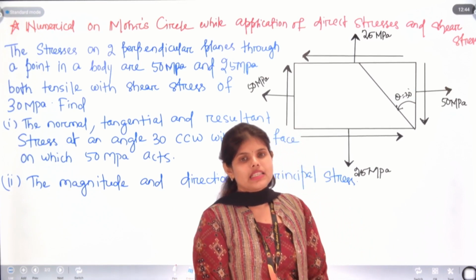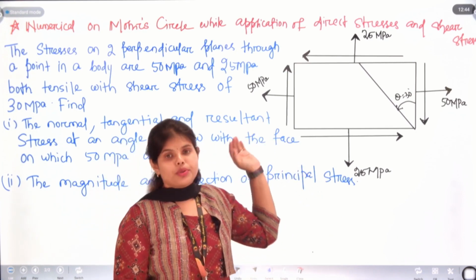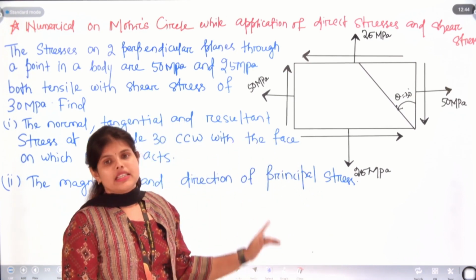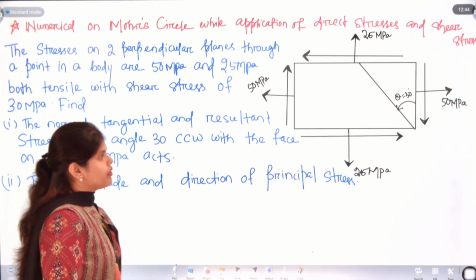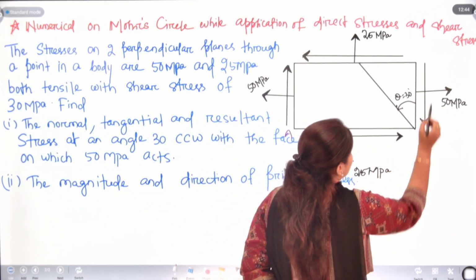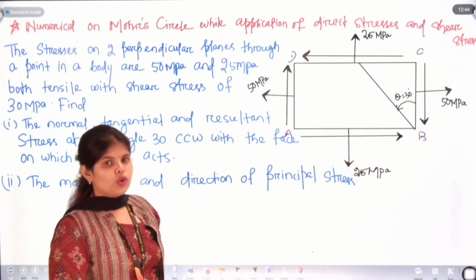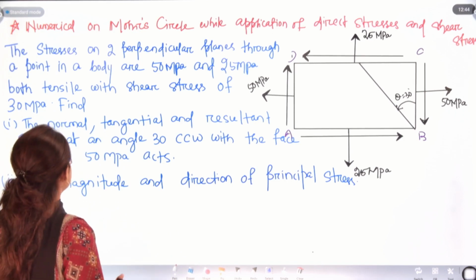So in this class, we will solve one numerical where both normal stress and shear stress are present. We have already discussed the process, how to draw and all. So now we will solve the numerical. What is asked in the question?